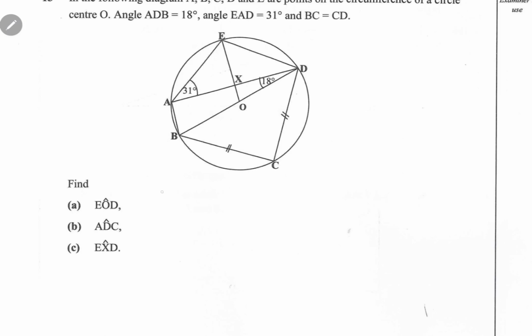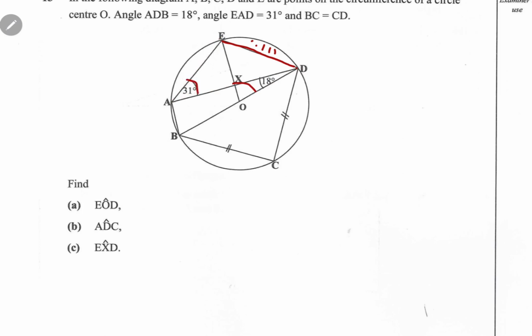So where is EOD? We are talking about this angle. Now, you need to know about the properties of the angles. This that you are seeing here is the chord, and of course we have the segment here. Originating from the same point, we have this part which forms 31, and we have this part that comes at the center. The angle at the center is twice this one.